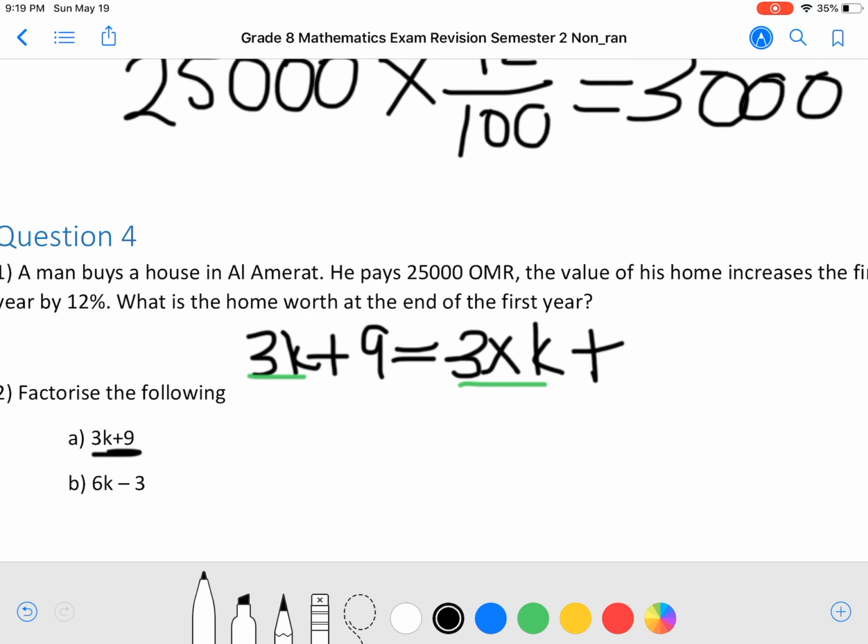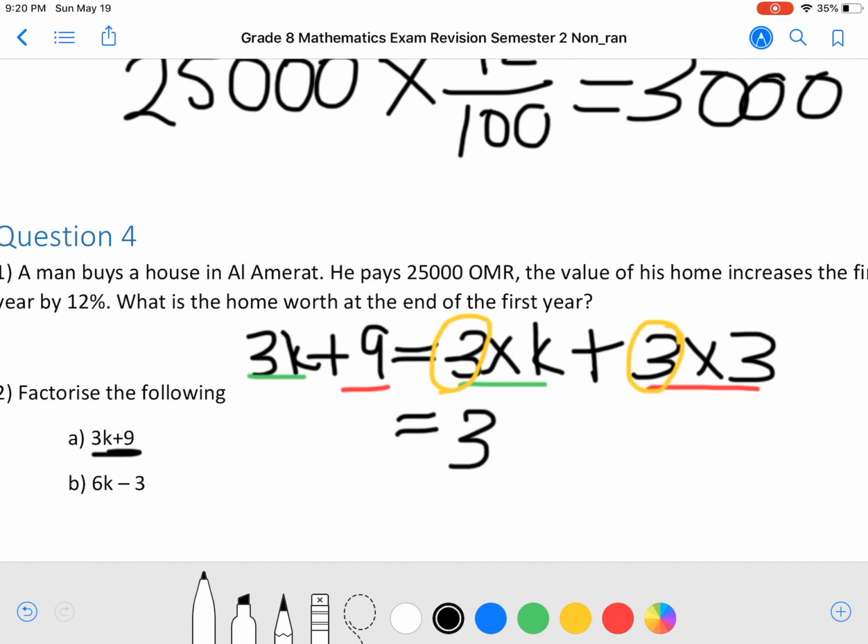okay, factors for 9. Now the easiest factors for 9 that are like 3, like this 3 over here, is 3 multiplied by 3. So now we can see that 3 multiplied by 3 are those factors for 9. Do we have common factors? Yes, we have a 3 there and a 3 there, so we can take that 3 out.